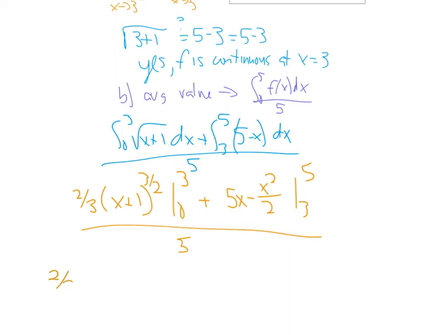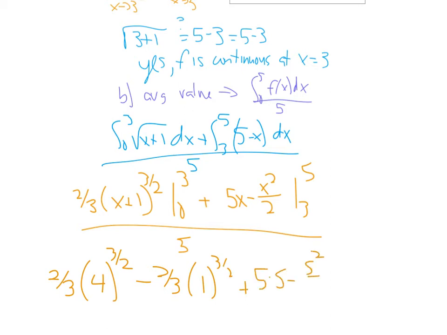So 2/3 times 3 plus 1 is 4 to the 3 halves, minus 2/3 times 1 to the 3 halves, plus 5 times 5 minus 5 squared over 2, minus 5 times 3 minus 3 squared over 2. Now that's a numeric answer, so I can stop there.